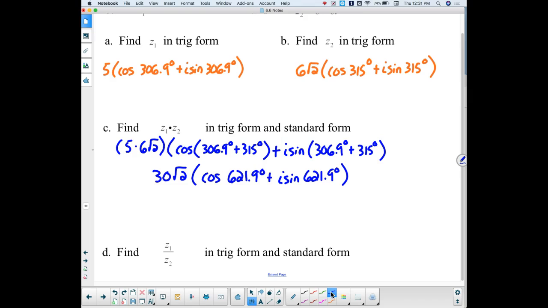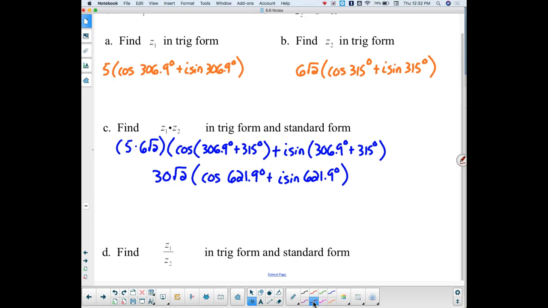So how am I going to get it back into that first lap? How would I get 621.9? I would subtract 360 degrees from it.